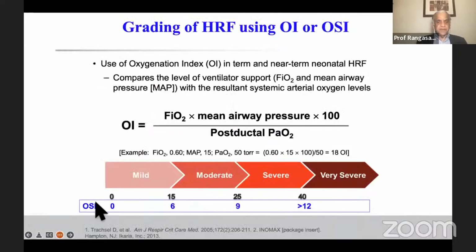Here, we use FiO2 times mean airway pressure times 100, because it's an index, divided by pre- or post-ductal saturation, SpO2. Based on our data, between 0 and 6, OSI is considered mild, 6 to 9 moderate, 9 to 12 severe. Any OSI greater than 12 is considered very severe.